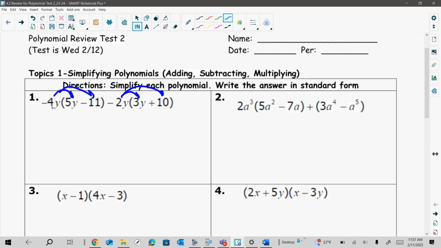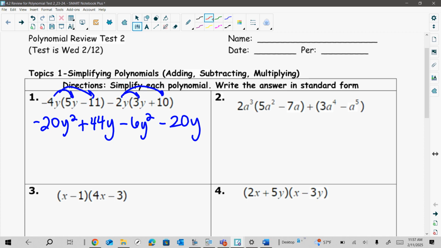So this negative 4y plus 5y, times 5y is a negative 20y squared. Then this will become a positive 44y. This is a negative 6y squared. And this is a negative 20y. Then your like terms, this is where the error happens.